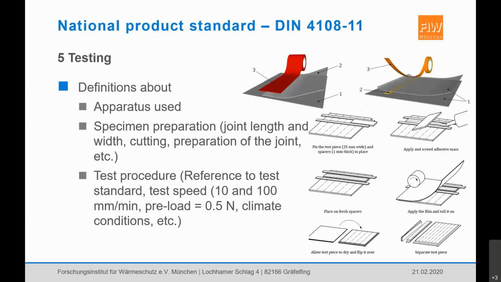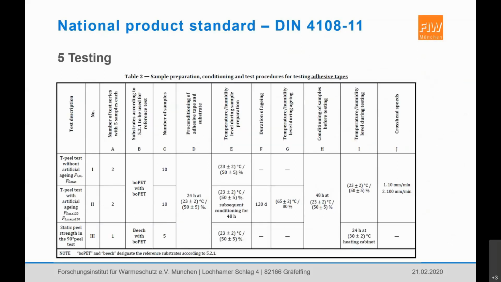Therefore, recommendations about the handling are introduced in the standard. For example, the black and white sketches on the right-hand side are taken from the annex and give advice on how to prepare specimens for the adhesive masses to be applied on the beechwood substrate.